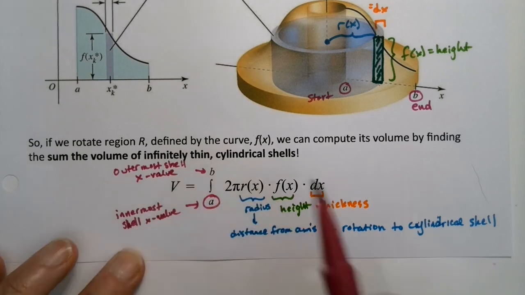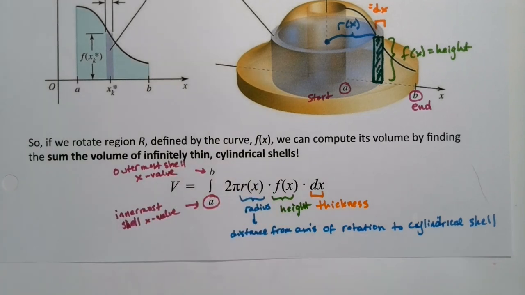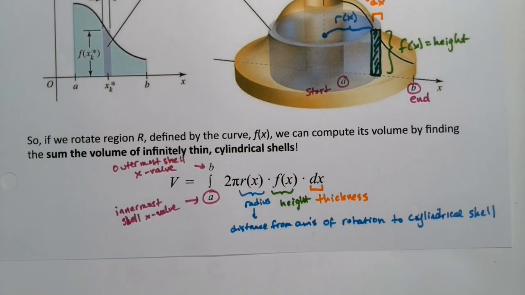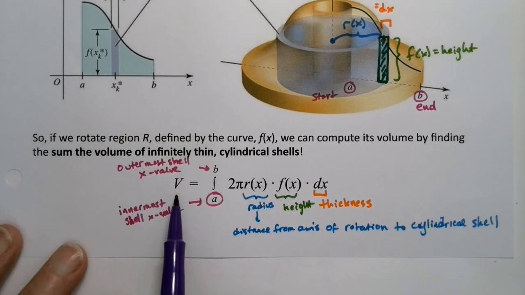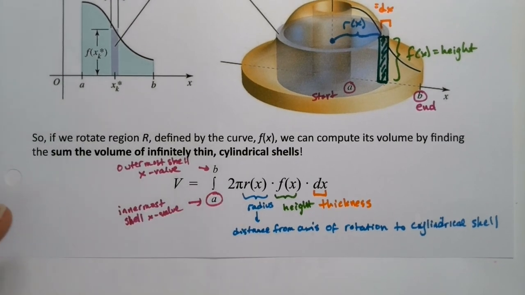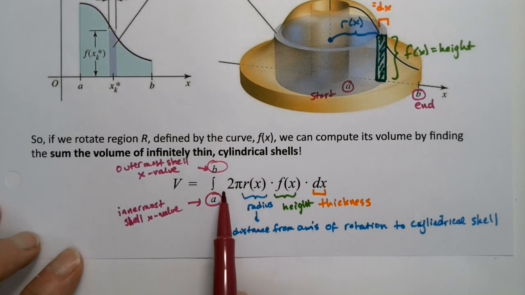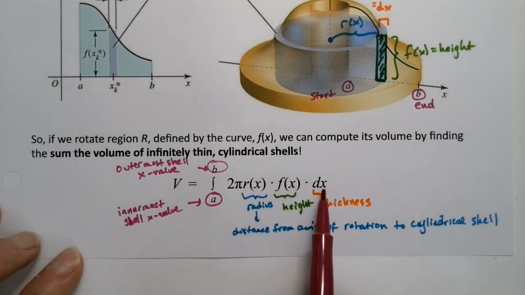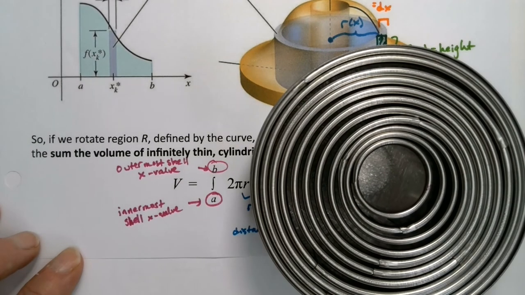Okay, so one more time. We're finding the volume by going from the innermost cylindrical shell to the outermost cylindrical shell. We take the surface area of the shell, multiply by the thickness, and we stack them up from a to b. Just remember my nesting biscuit tins.